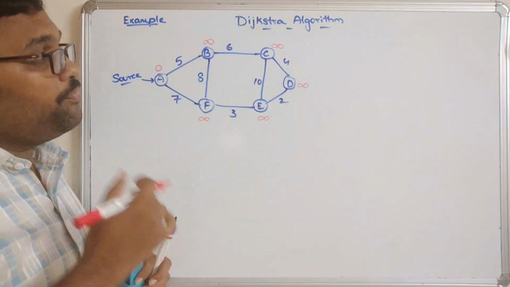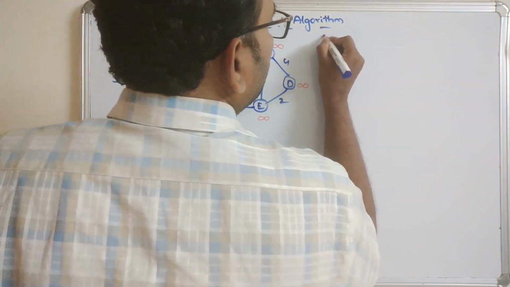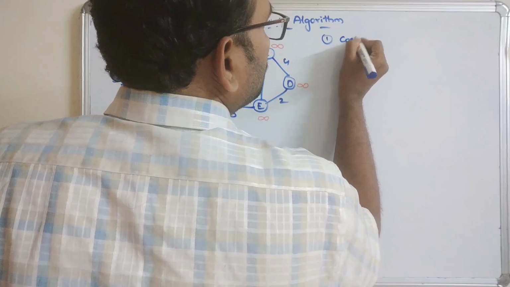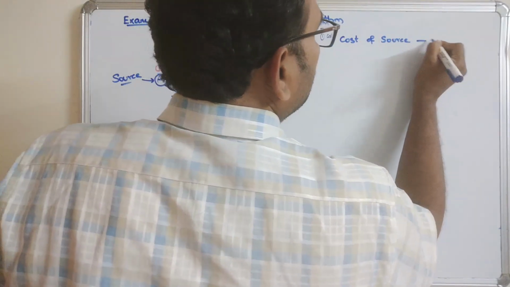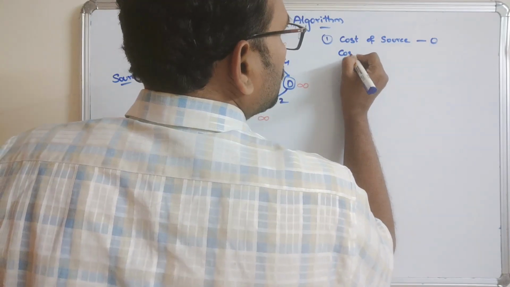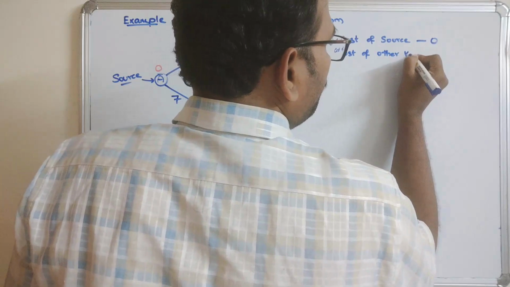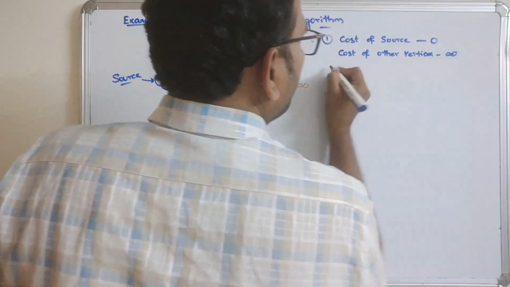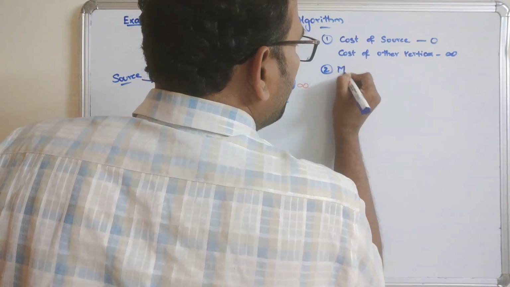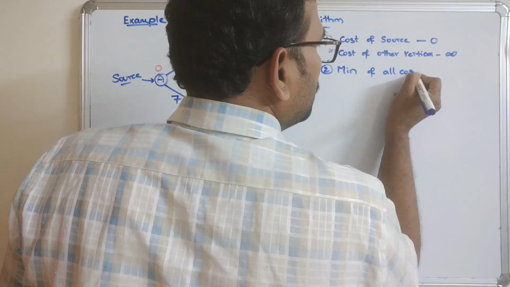Now we have to find the minimum. So the first step: cost of source 0, cost of other vertices infinity. Second step: minimum of all cost.